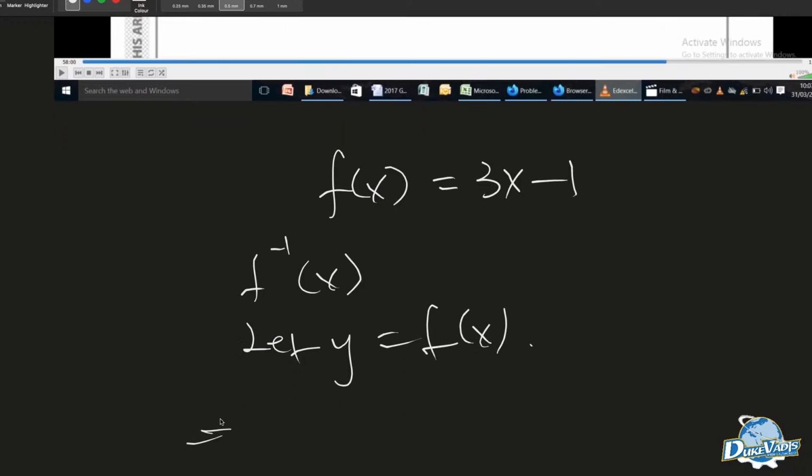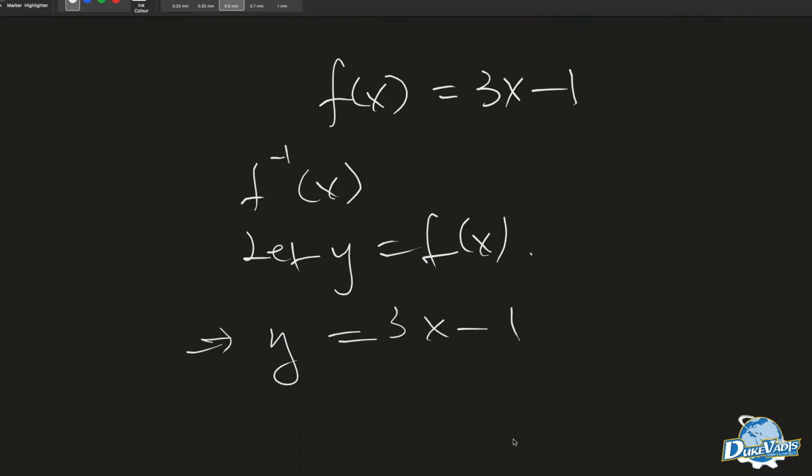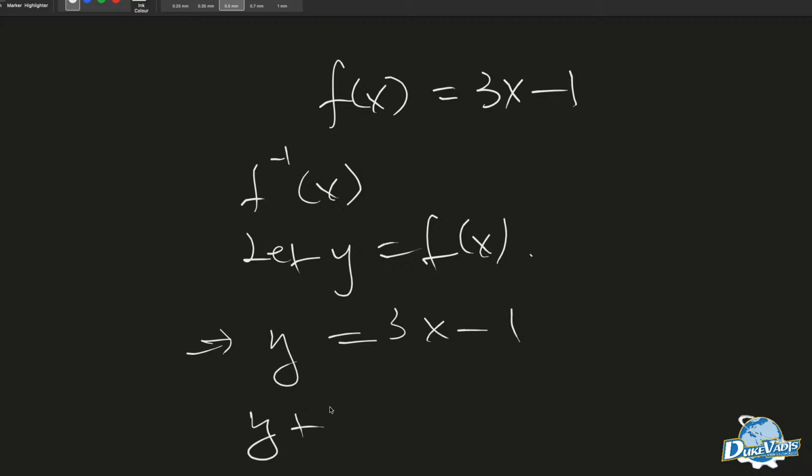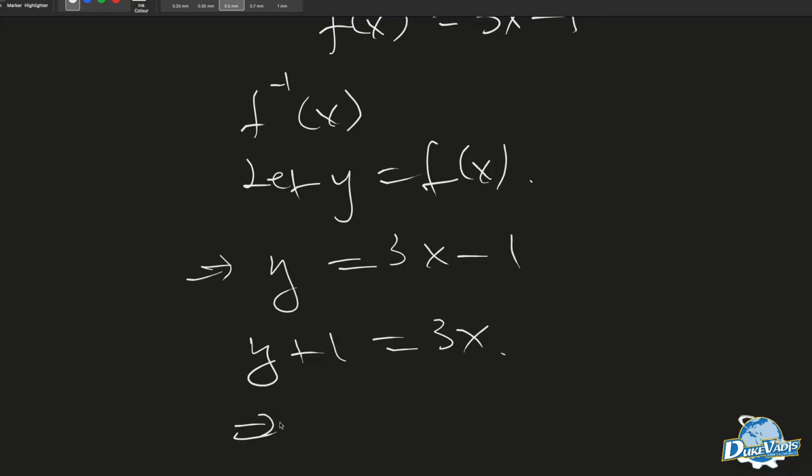This implies that y equals 3x minus 1. Our purpose here is to make x the subject. So y plus 1 is equal to 3x, which implies that x is equal to (y plus 1) over 3.